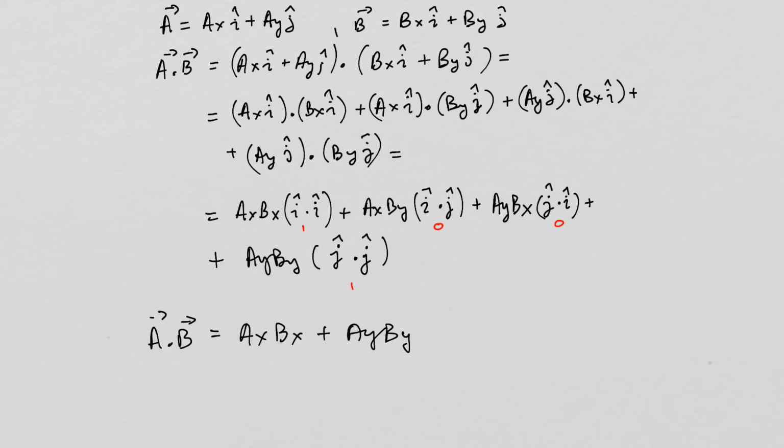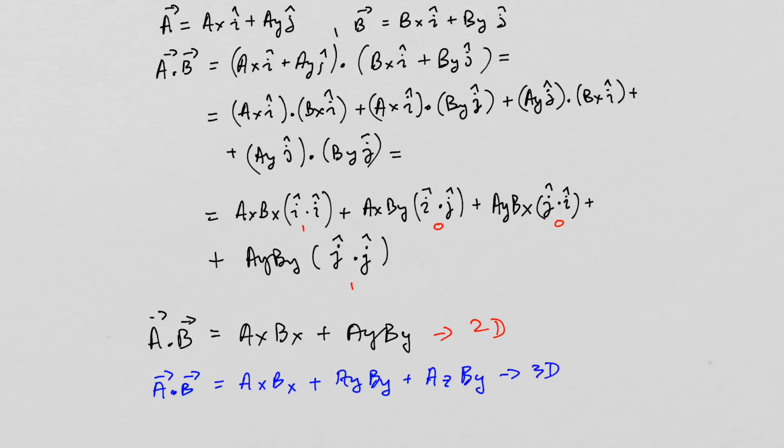So this here is two-dimensional. In three-dimensional situations, the dot product is simply the x components multiplied together plus the y components multiplied together plus the z components multiplied together.